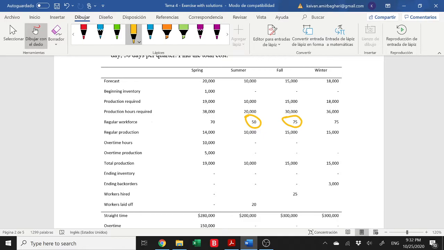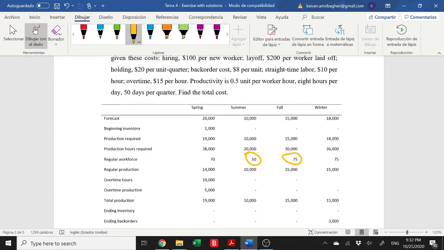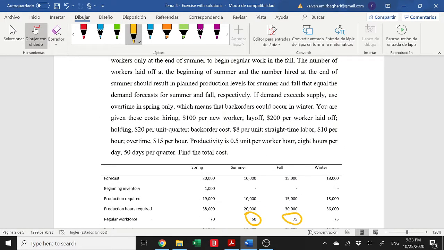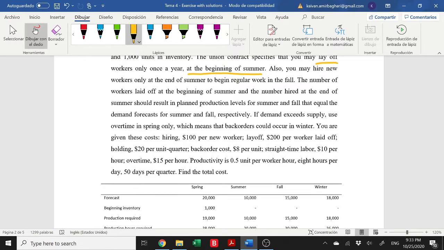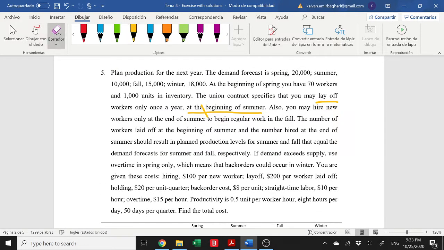But let's check our problem if it gives us this permission or not. We should find a sentence that tells us about the possible hiring strategy.